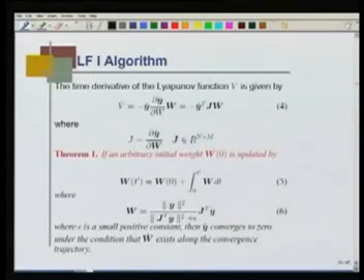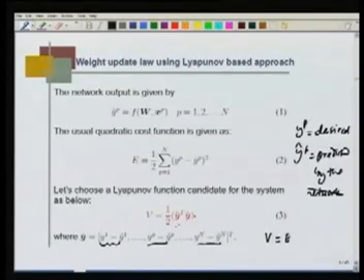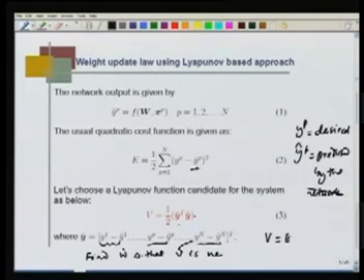So, check here, this is my Lyapunov function, and in this there is a term called y hat p, and this y hat p is a function of W. So, the objective is to find out W dot. The objective is to find W dot such that V dot is negative definite.